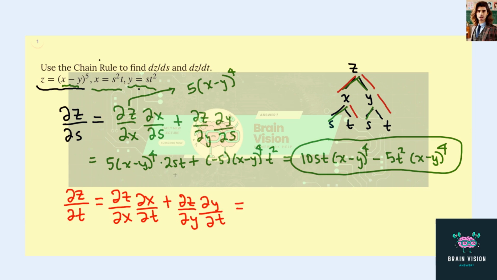We've already done two of these derivatives in the previous line, so we don't have to redo these. That gives us 5 times (x minus y) to the fourth, and then dx over dt, that's just s squared. This one we already computed up here.